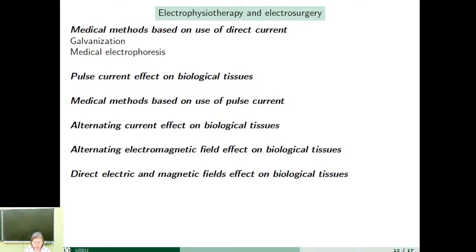An alternating current rectifier is used as a device for galvanization. It enables regulating output voltage and controlling induced current. Electrodes made of sheet lead or foil are commonly used to get current to a patient. Hydrophilic layers wet with water or physiological solution are placed between a patient's skin and the electrodes.